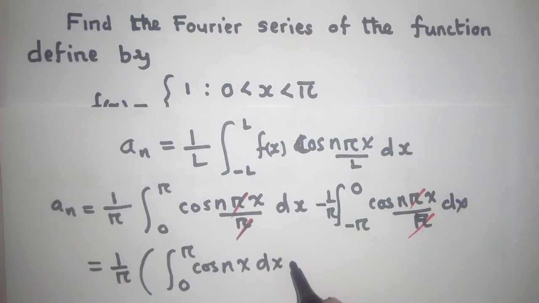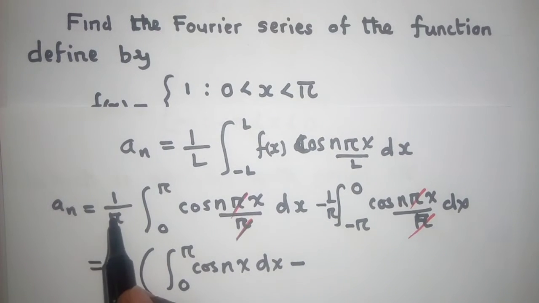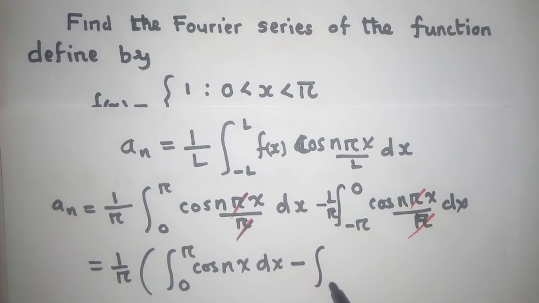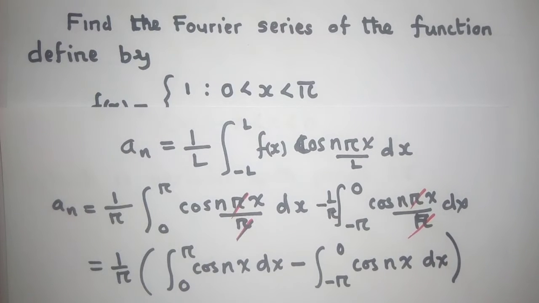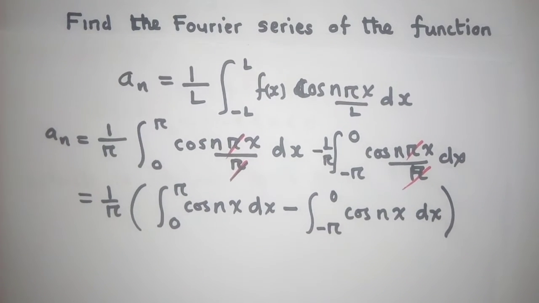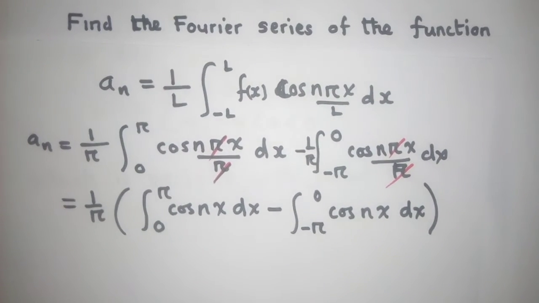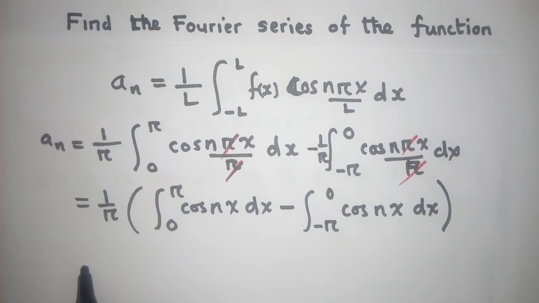So minus, this has been factored out. It's already here. This and this, they were common. So we'll remain with this and cos(nx) dx. Now at this point, we can integrate.